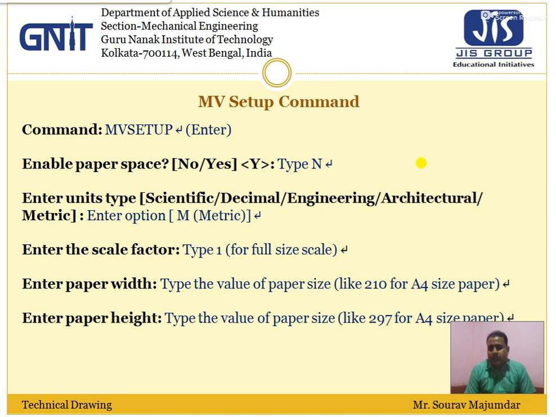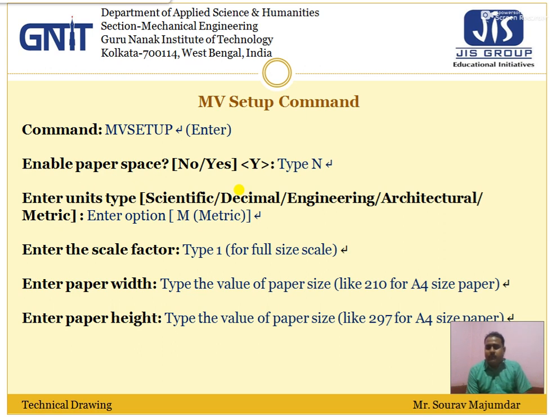In AutoCAD there is a very big facility: whenever you have two options like yes or no, you do not need to write the full word. You can, but it is totally unnecessary. If you just type the first letter of the word, if you go for yes, only type y and enter; if you go for no, just write n, then press enter.